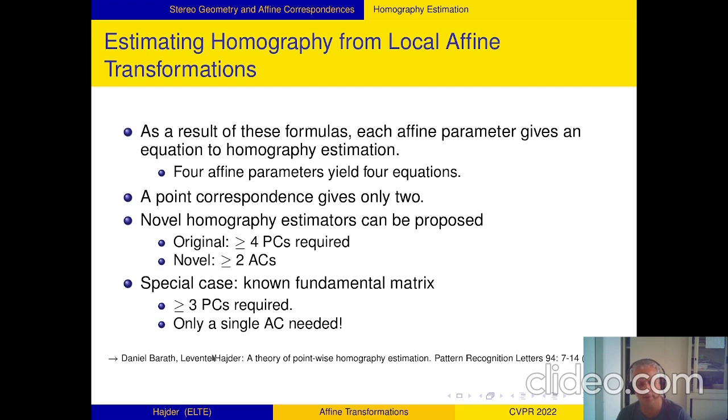You see in the bottom of the slide. So there is a special case when the fundamental matrix is known. So the epipolar geometry is known between two images. In that case, only 3 point correspondences are required if only point locations are used to compute the homography, but a single affine correspondence is needed to compute the homography.